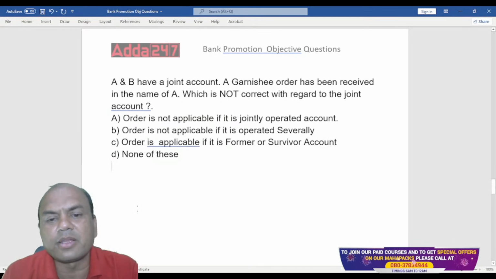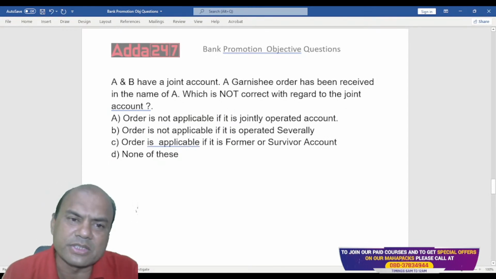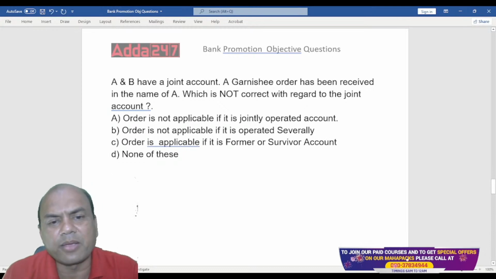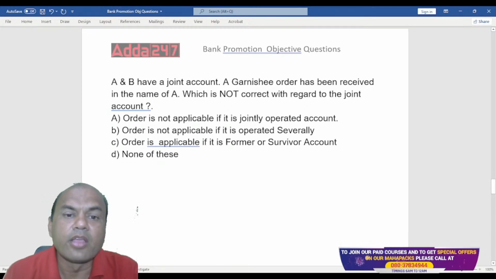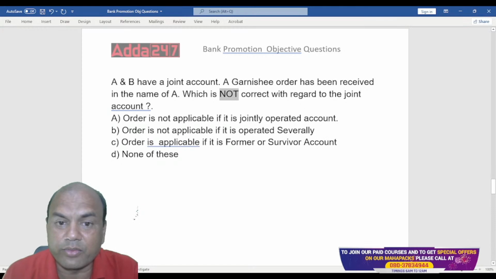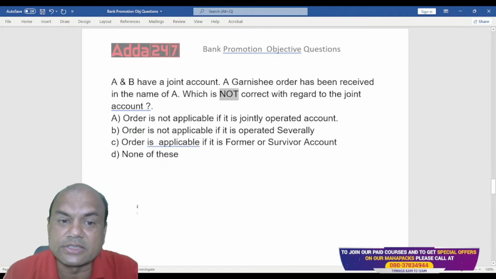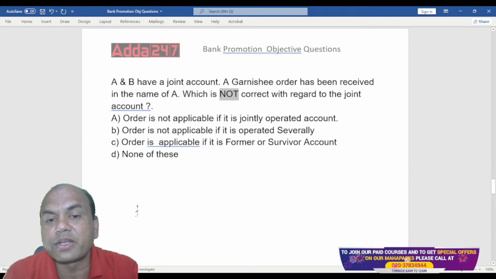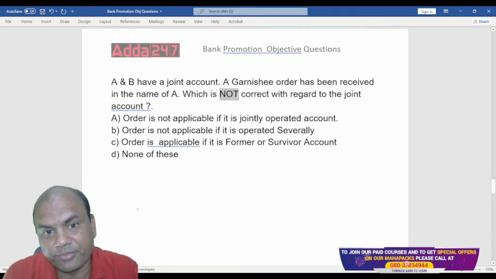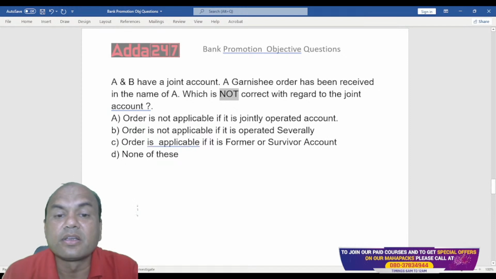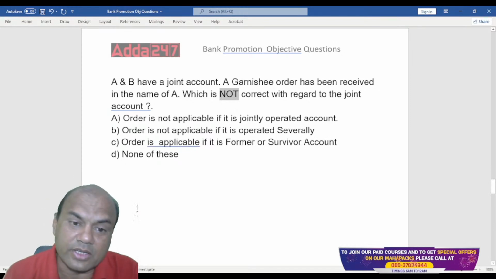Order is not applicable if operated severally. Again the same logic, right? Which is not correct with regards to this? Order is not applicable if it is jointly operated, that is correct. Order is not applicable if it is operated severally, so that is also correct.